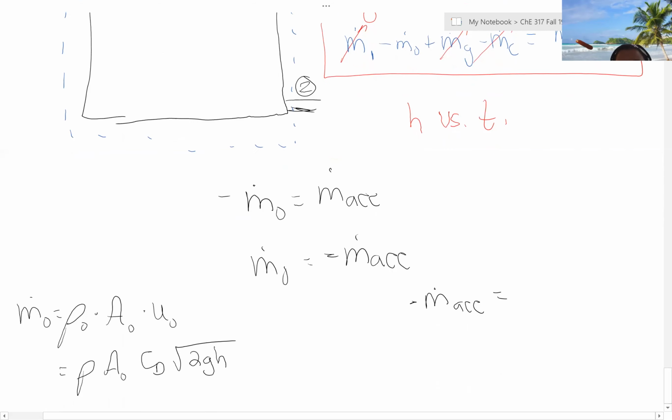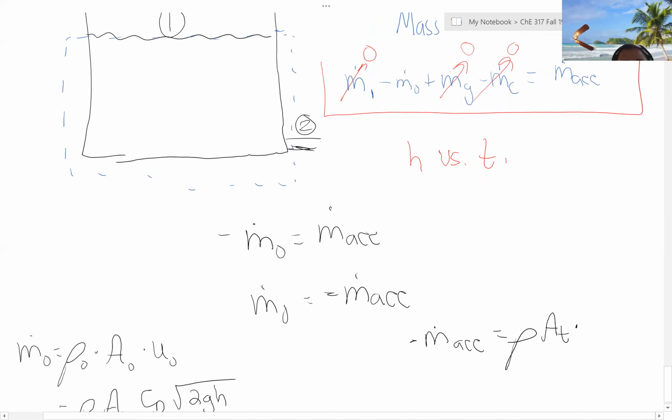Well, my density is going to be involved. So if I have density times the negative volume of fluid in my tank, I can ask myself, how do I solve for volume in my tank? Well, I'm going to have the area of fluid in my tank times the velocity of fluid in the tank.